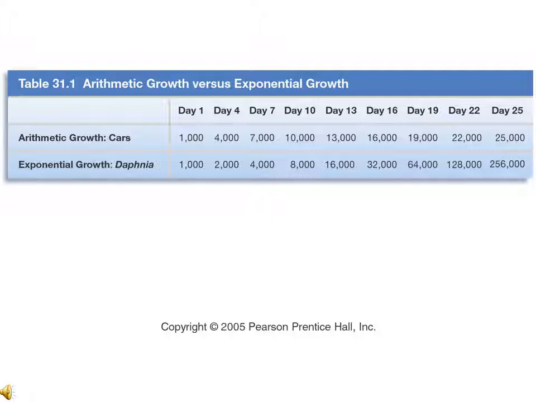Daphnia will double every 3 days, so that by day 4 we have 2,000, by day 7 we have 4,000, by day 10 we have 8,000, and so on, so that by day 25 we have 256,000 Daphnia. Now, this shows you the power of exponential growth. In a biological system with unlimited resources, we will have exponential growth.